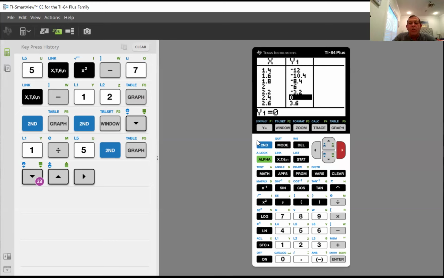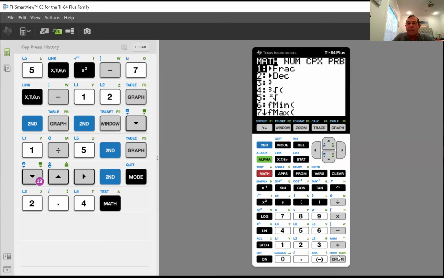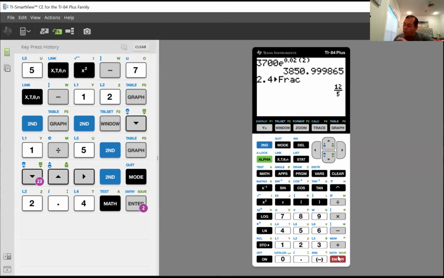So I'm going to turn 2.4 into a fraction. If I hit math and enter twice, 2.4 is actually 12/5.